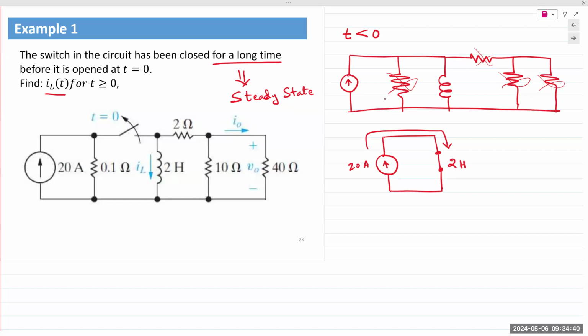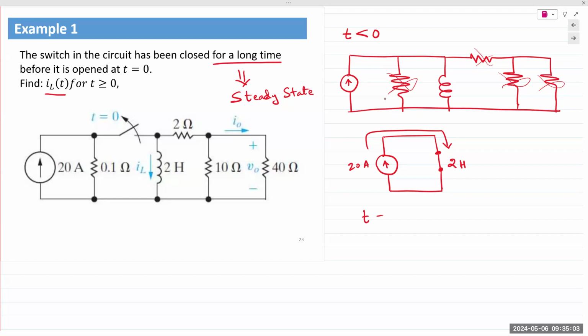So again, we are not concerned with the past, meaning before the switch was flipped open, except we need the value to establish the initial value for our analysis. Make sense? Right? So all the current is flowing through there.